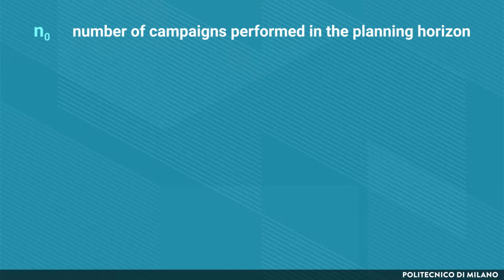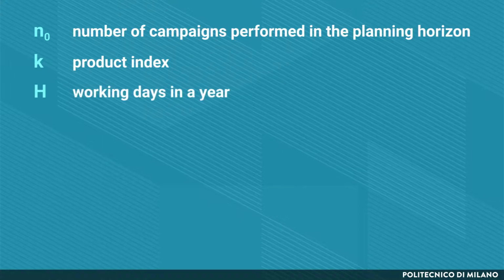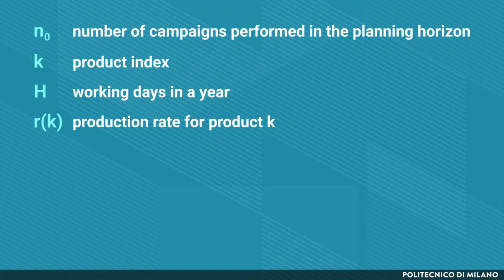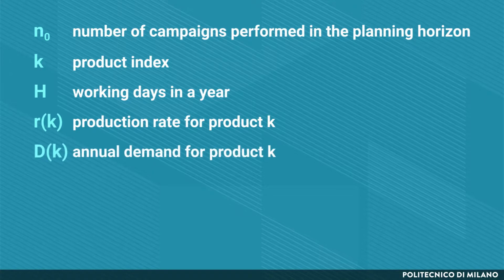N0 is the number of campaigns performed in the planning horizon. K is the product index. H is the number of working days in a year. RK is the production rate for product K. DK is the annual demand for product K, which is constant during the year.